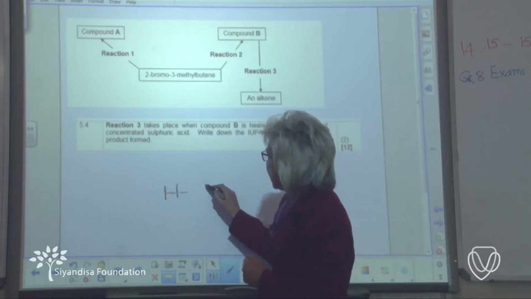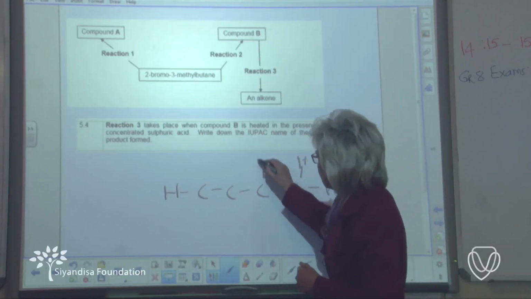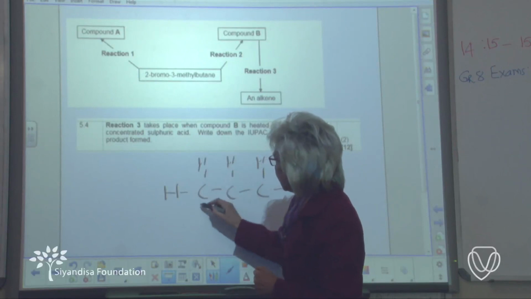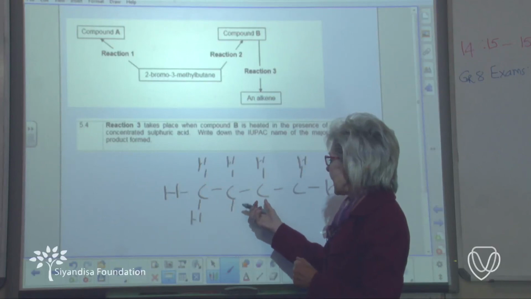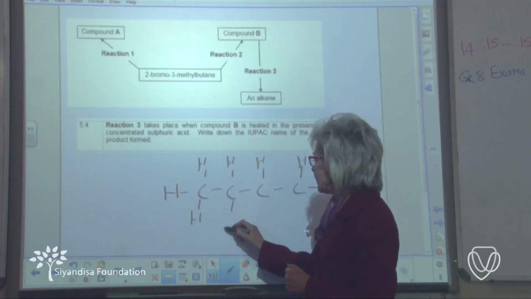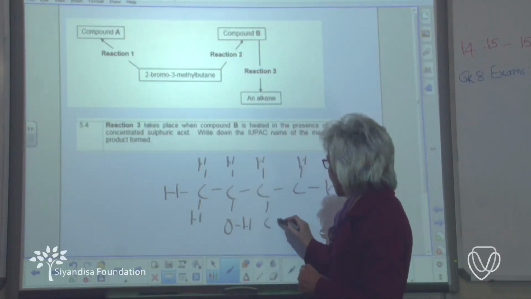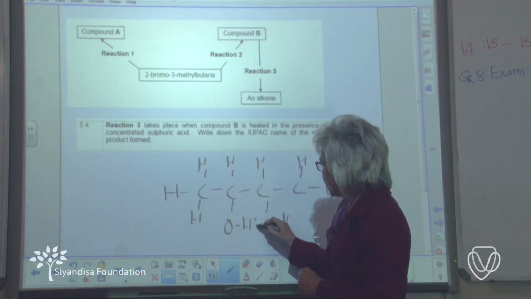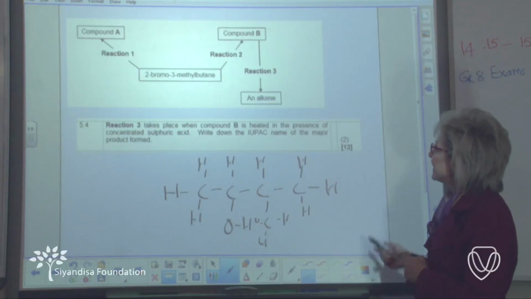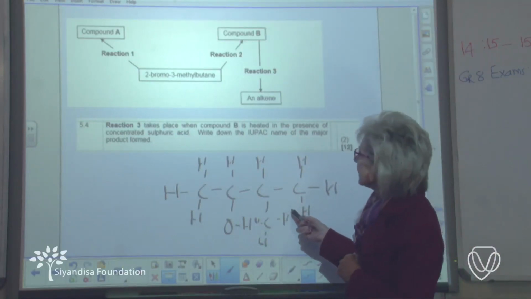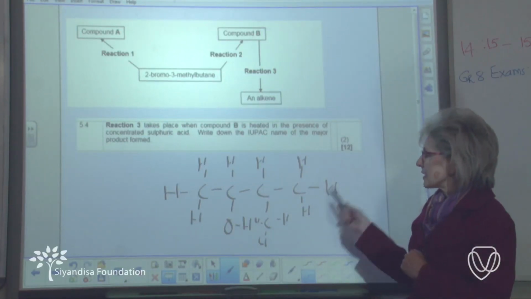So we need to redraw it again, because we've reacted the Br with a mild, with a dilute base, therefore the Br was simply substituted by OH, and then we've still got the methyl group here. And the question now says, we react this one in the presence of concentrated sulfuric acid. It's heated in the presence of concentrated sulfuric acid.